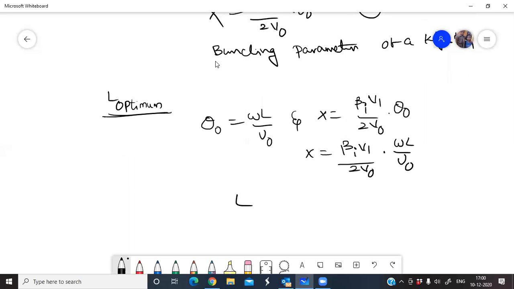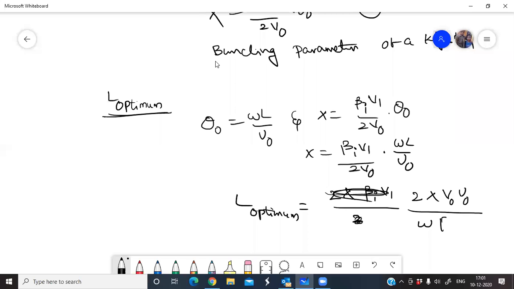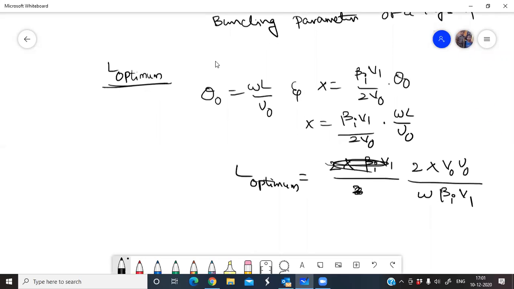And from this, L optimum equal to 2x capital V naught small V naught by omega beta I V1.